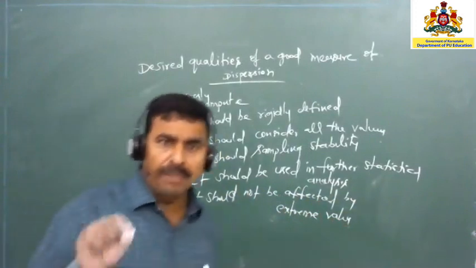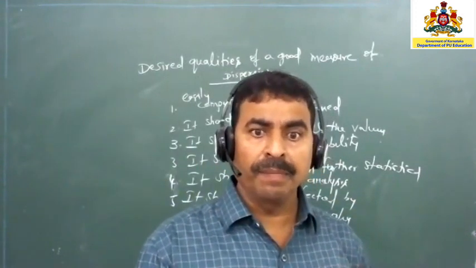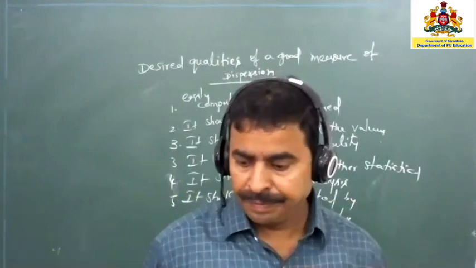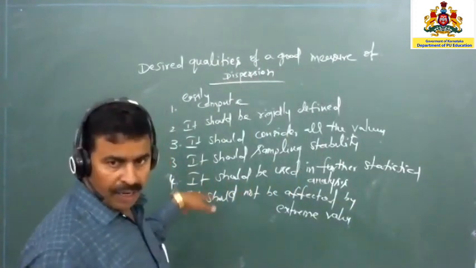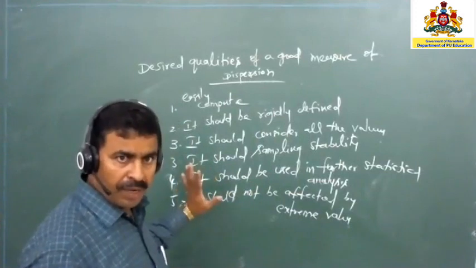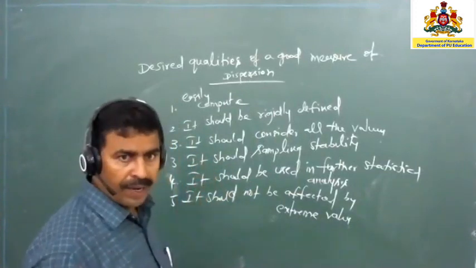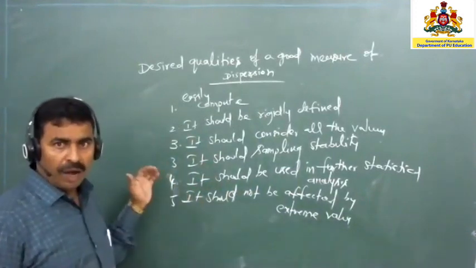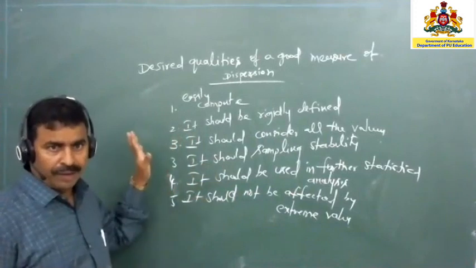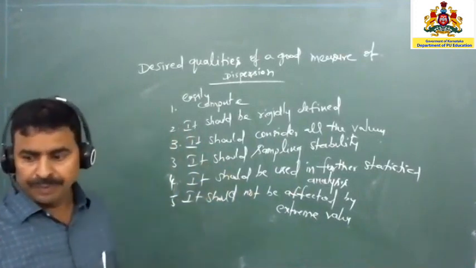So it should not be affected by extreme values. So write these 5 points in the examination for 5 marks. It is very important for 5 marks: what are the desired qualities of a good measure of dispersion?